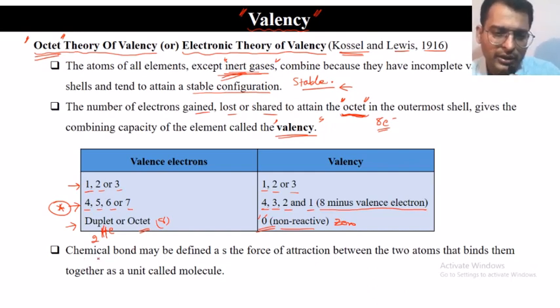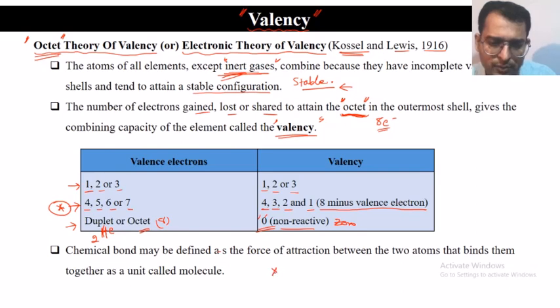Moving to the chemical bond, how do we define the chemical bond? The chemical bond can be defined as the force of attraction between two atoms that bind them as a unit called a molecule. So a chemical bond is nothing but attraction.